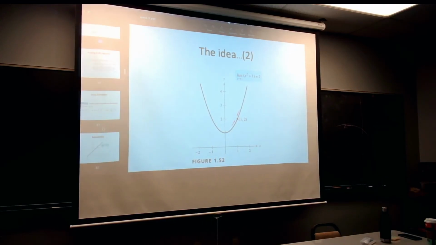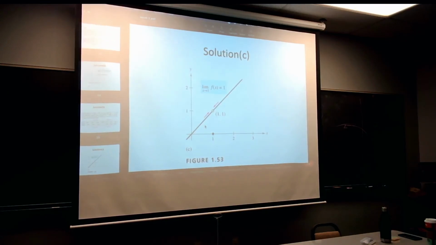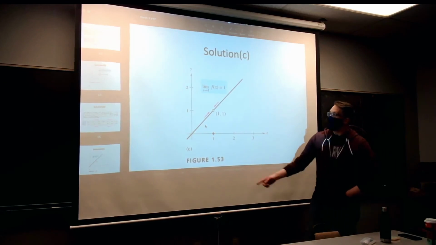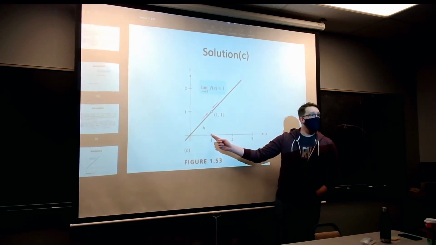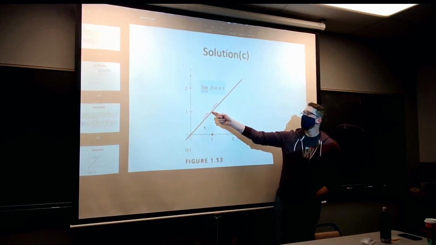And finally, the coup d'etat. Function has a value, our limit has a value, but they're not equal.